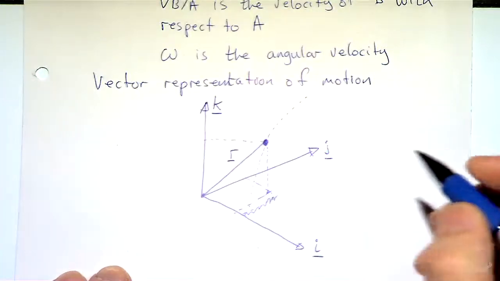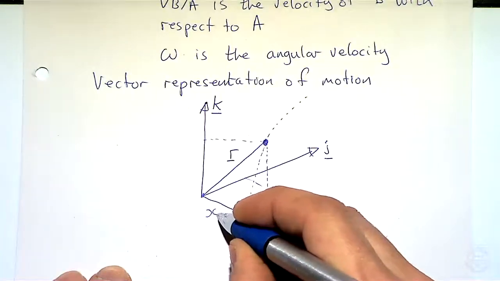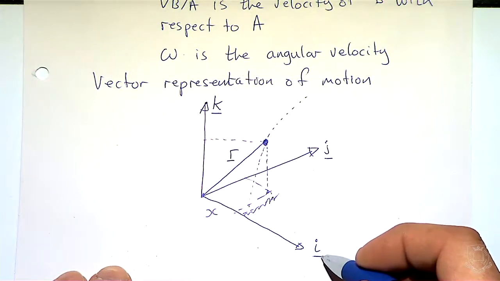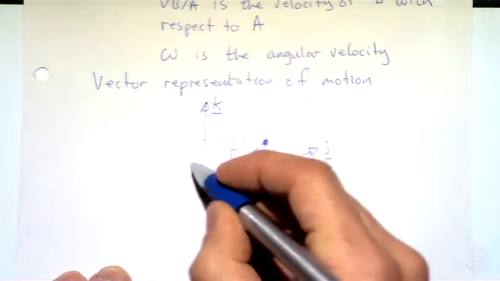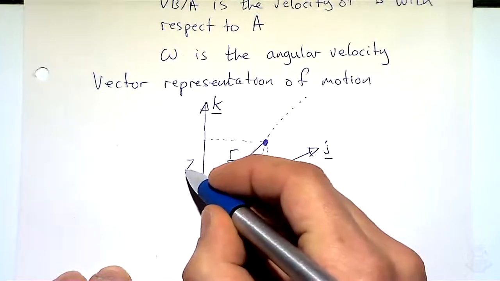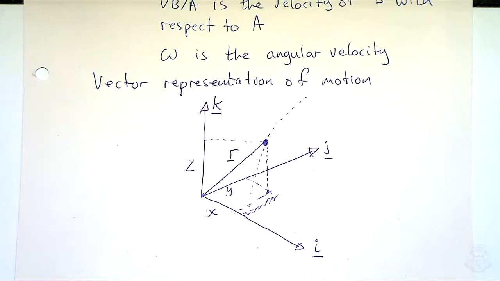We have a quantity x along the I vector, y is the distance along the j vector, and z is the distance on the k axis. This should all be fairly standard geometry.